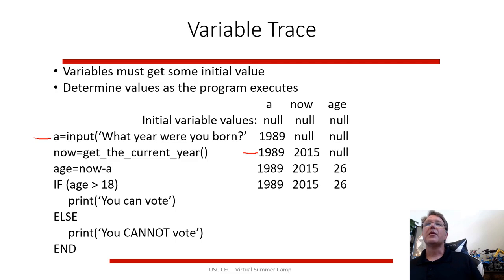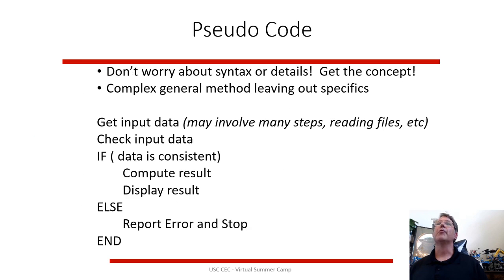So you have a year, you have this year, you do a little math, and now the age has a value. Those are the three variables, and as they change over time, at each point as we go through execution of a computer program, those variable values are going to change. And that's one important part. A lot of times you have to visualize or think about how the variables change in your program, and that's how you track down problems in your program.